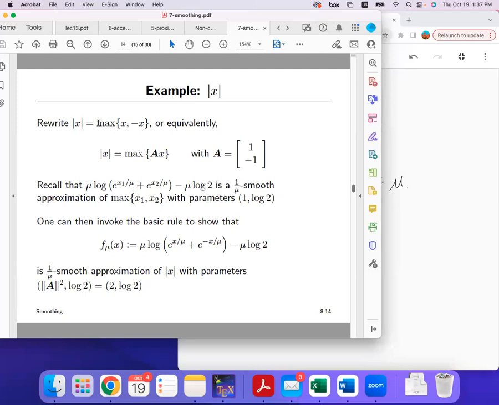Or equivalently, we can write this as max over Ax, where A is 1 and negative 1. So it's this 2 by 1 matrix multiplied by a scalar x.